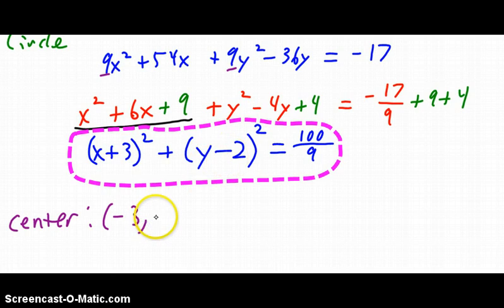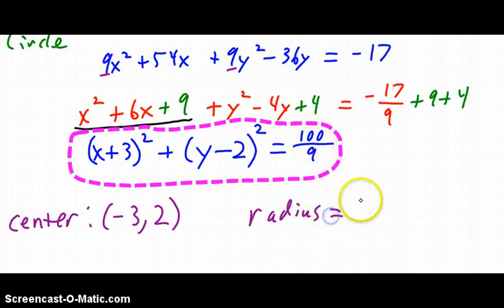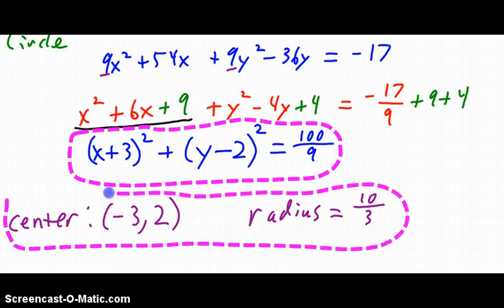And then positive 2, because this is y minus k, so k is just 2. And the radius is the square root of 100 over 9, which is the square root of 100, which is 10, over the square root of 9, which is 3. So we will put another purple line around that, and that is our standard form, our center, and our radius of the circle.